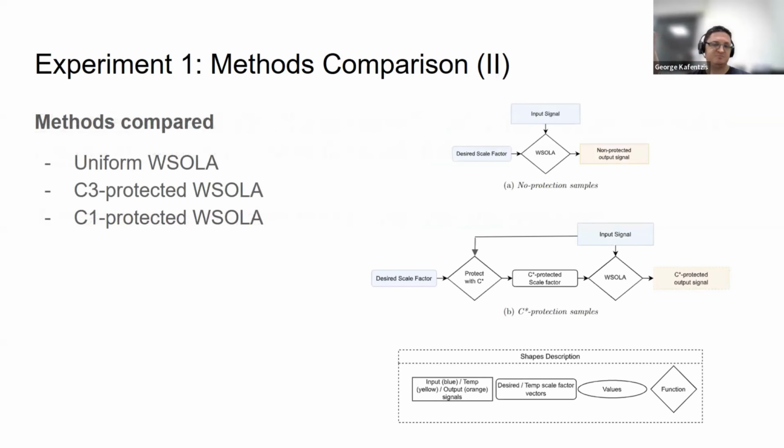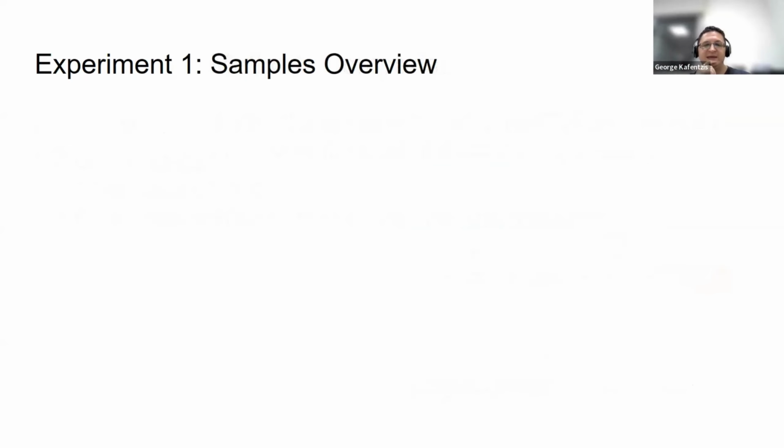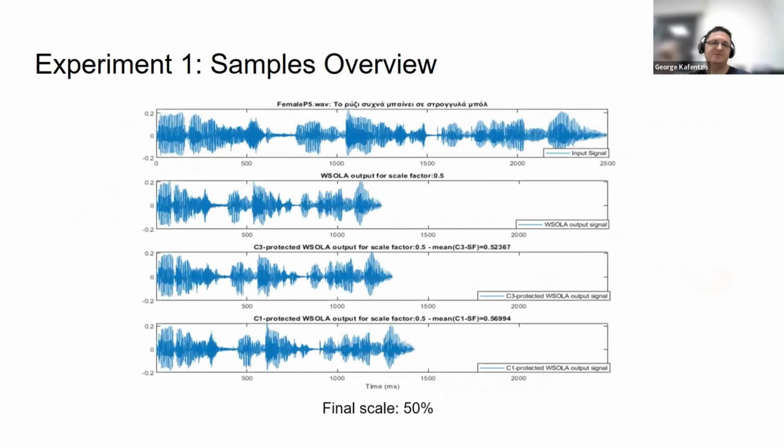These are the methods. This is the flow. It's not very important, but it's what I described earlier. And here is the output for a compressed speech signal by a factor of 2. The top panel is the original speech. The second panel is compressed by a factor of 2, as outputted by WSOLA.